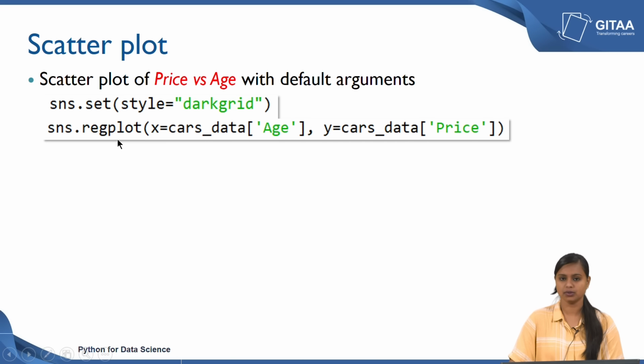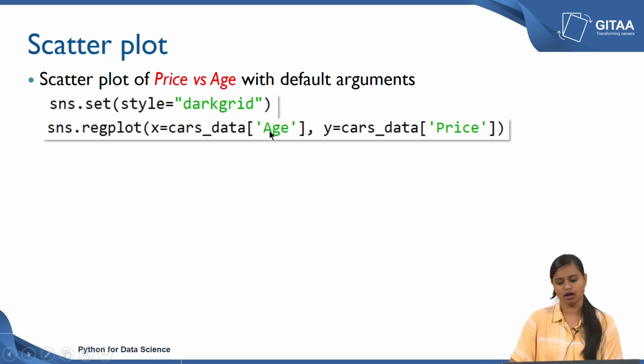In order to do a scatter plot, the function to be used from the Seaborn library is regplot. Regplot stands for regression plot, and inside the function you have to specify the variables for the x axis and the y axis. Since it is going to be the scatter plot of price versus age, we need to give age under the x axis and price under the y axis.